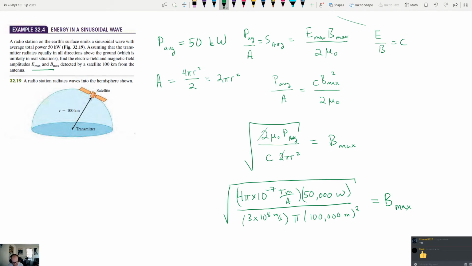What do you all get if you calculate this? That's what I got. Does that look right or no?